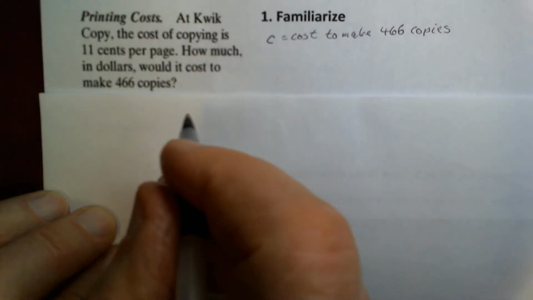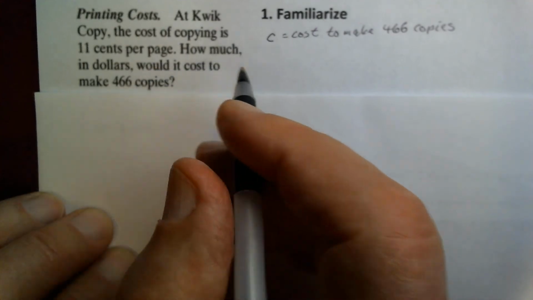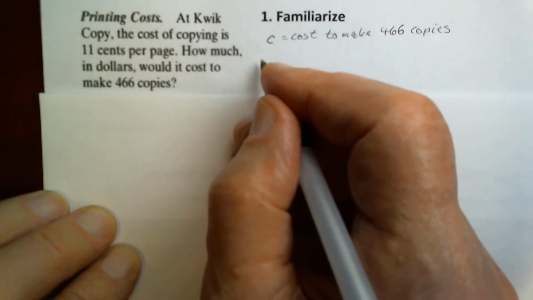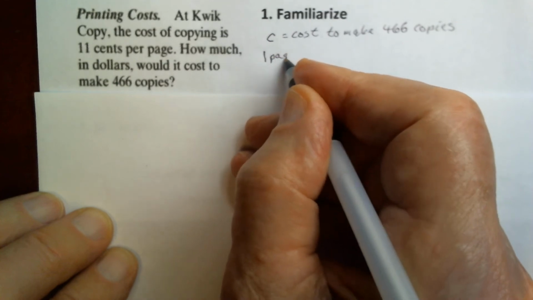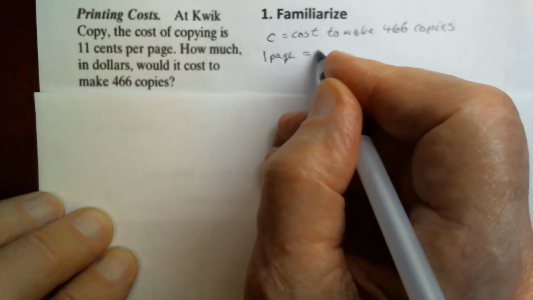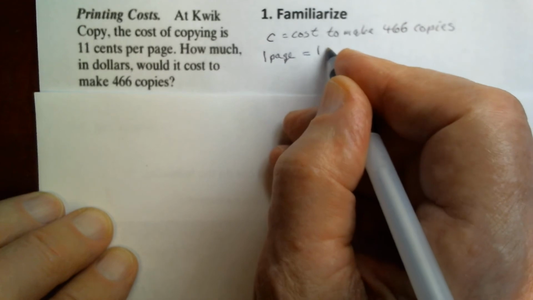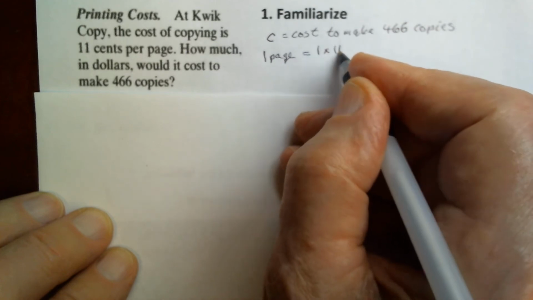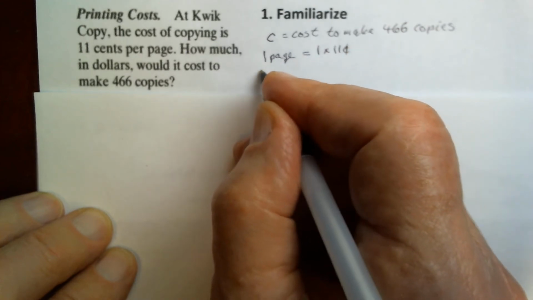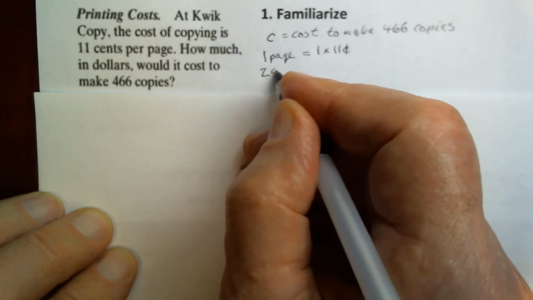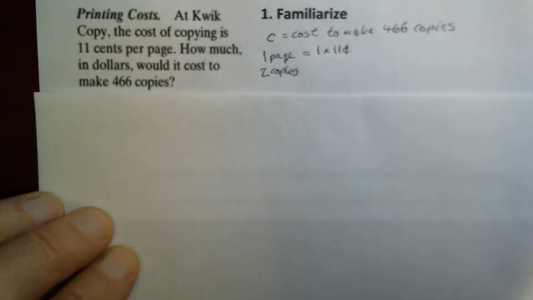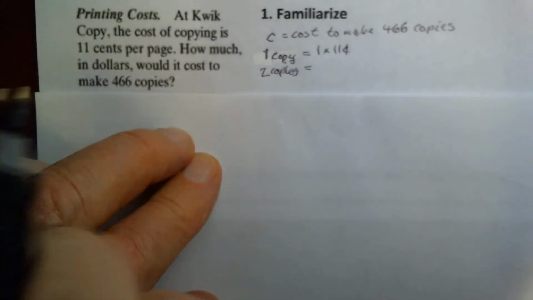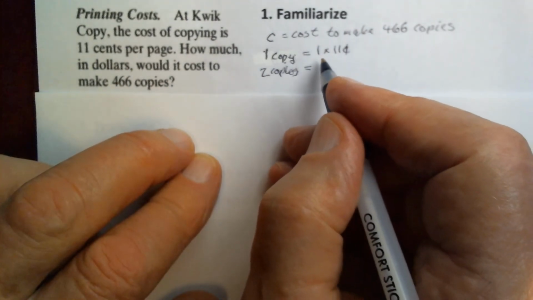Then we think about what it means, 11 cents per page. So for 1 copy, it would be 1 times 11 cents.